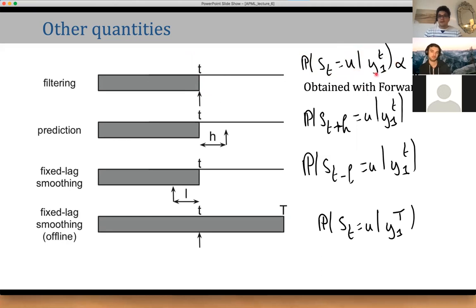But this is proportional to our forward variable, because here it's conditional on the sequence up to t. So if we compute that for all possible hidden states, we can just renormalize the F_u of t, and we get the posterior at position t, given the first t observations. Okay, so we can obtain that with forward.